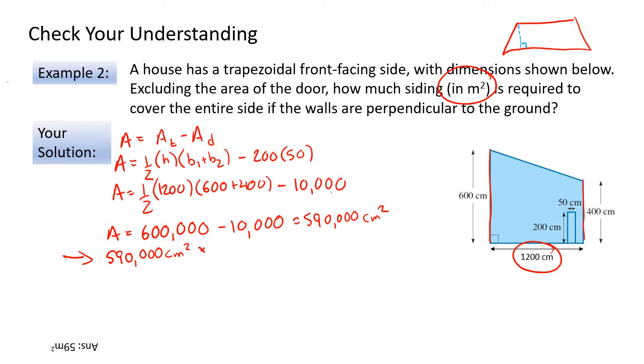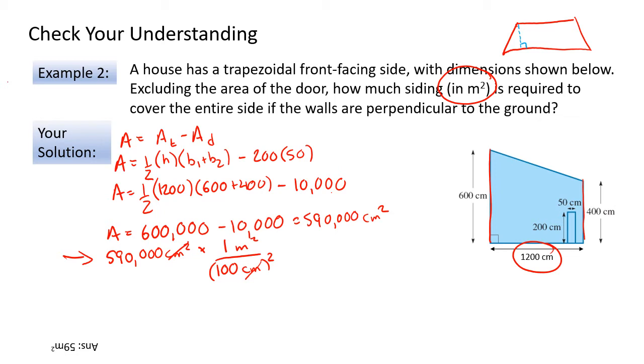So we have to cancel out the centimeters squared. So if we want to convert it to meters squared, 1 meter squared, again, is equal to 100 centimeters squared. So what's going to happen is the centimeters squareds are going to cancel and we're going to be left with meters squared. Okay, so remember, I didn't actually show you that example while recording to show you how to do it backwards, but you have to make sure your units are correct when you're doing a conversion, right?